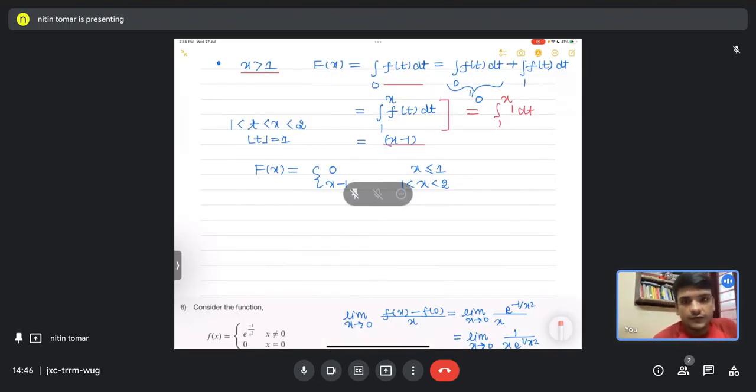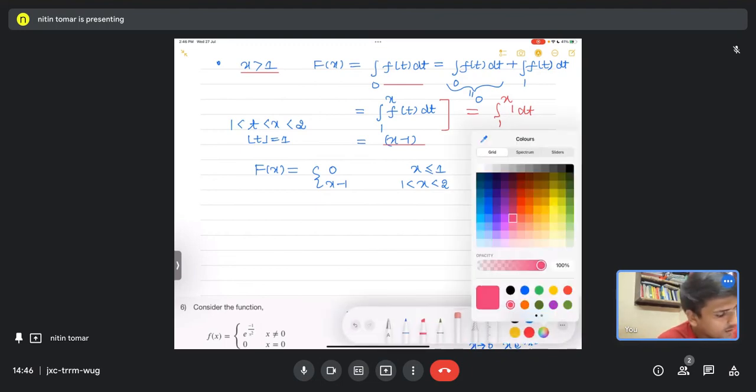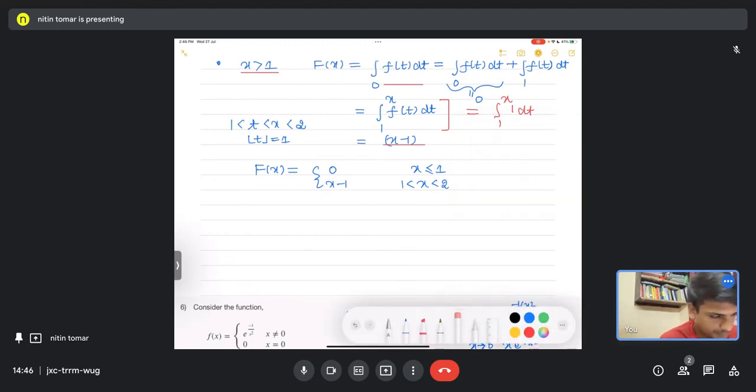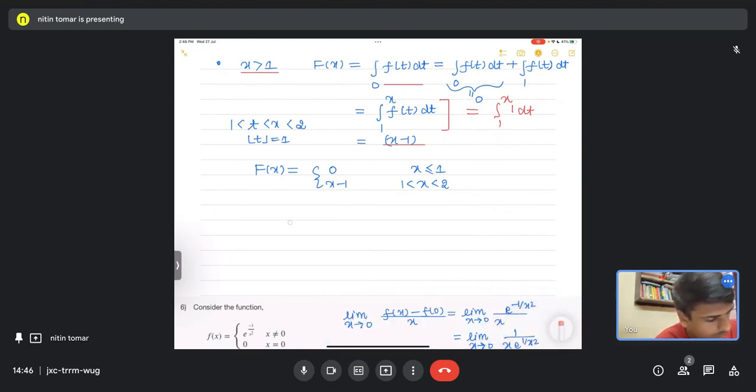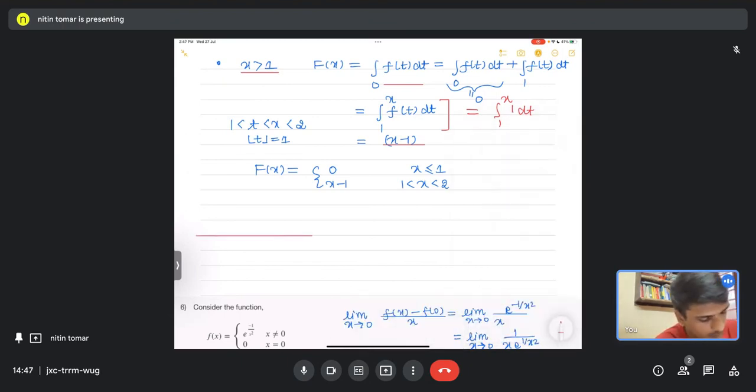So we have found out that F(x), capital F of x, is 0 when x is less than or equal to 1, and when x is between 1 and 2, it is x minus 1. Now, if you draw the graph, differentiability means there should not be a sharpness at the point.